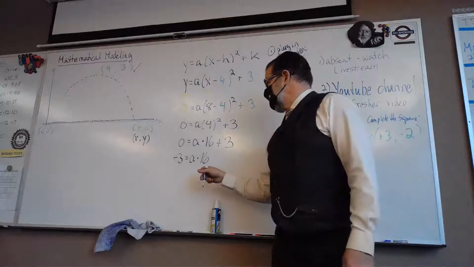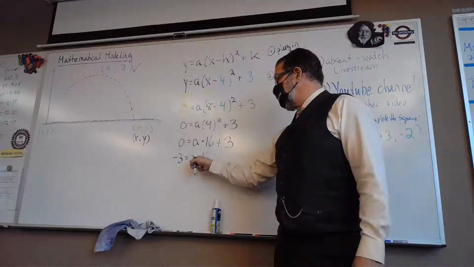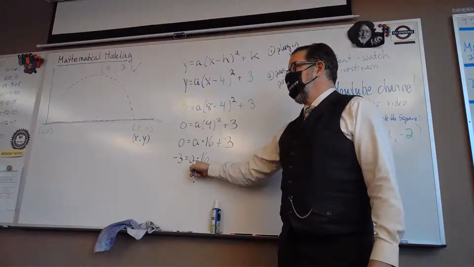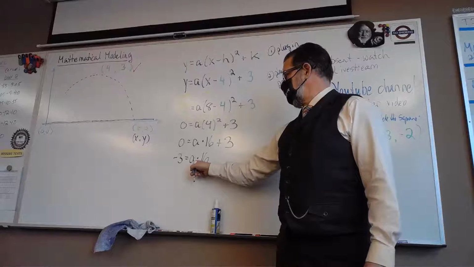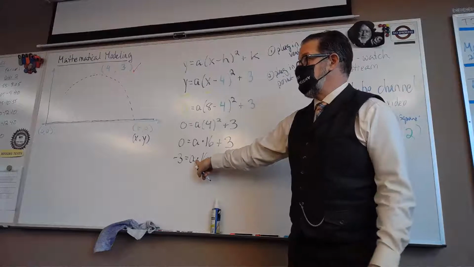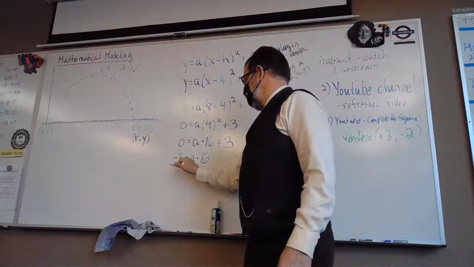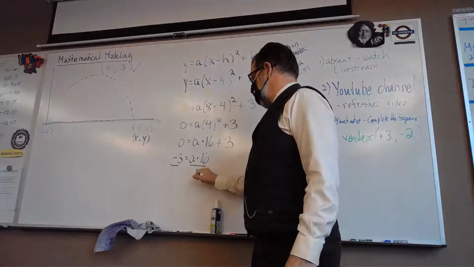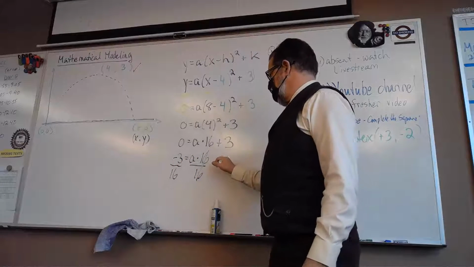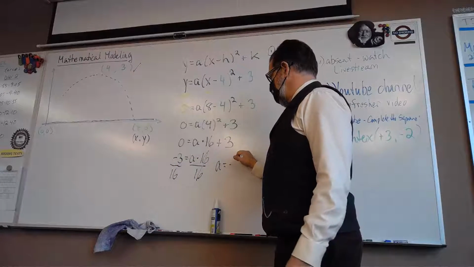Subtract 6. I could subtract, but what's that? That's A. No, that thing right there. Oh, times. What's the opposite of multiplied? A is equal to negative 3/16.